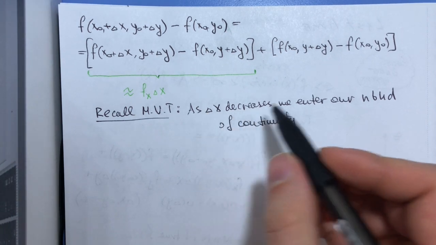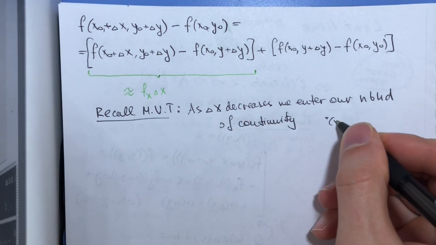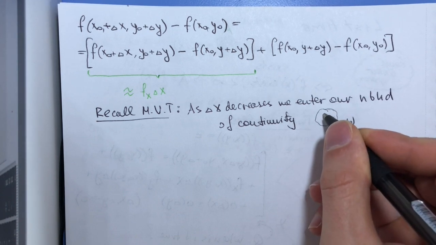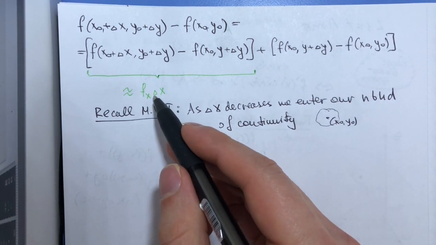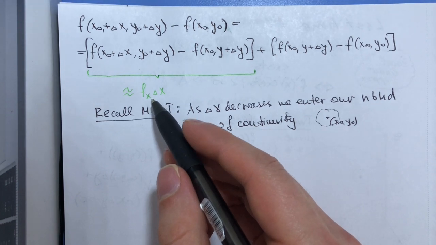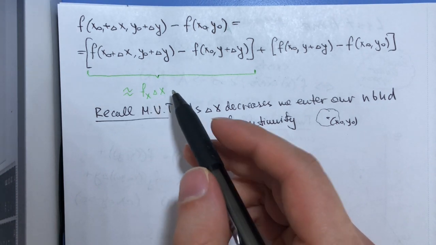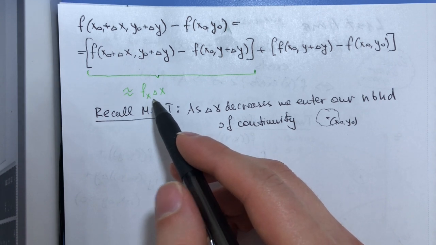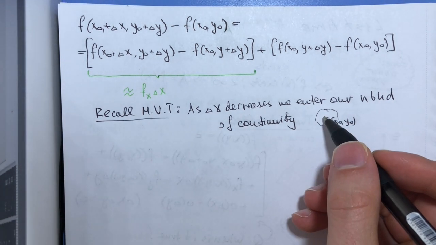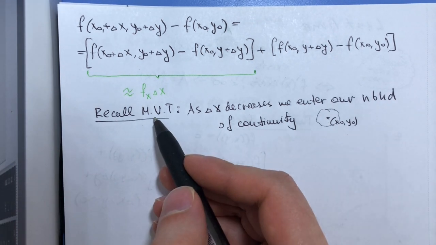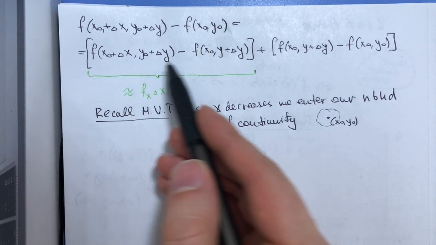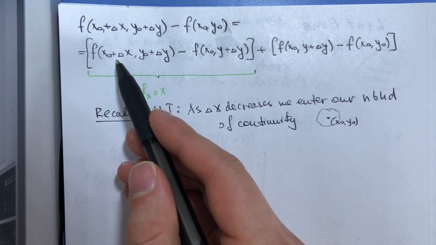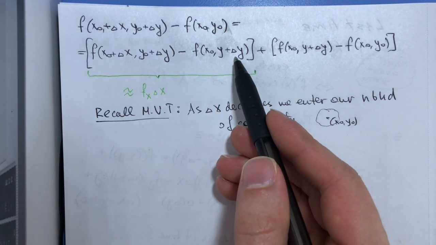So we enter this space around x naught, y naught, at which the derivative of f was continuous. And remember, if a derivative is continuous, the function is also continuous. So at some point in our neighborhood, we can apply the mean value theorem to this function because, once again, it can be considered as a function of one variable for fixed delta y.